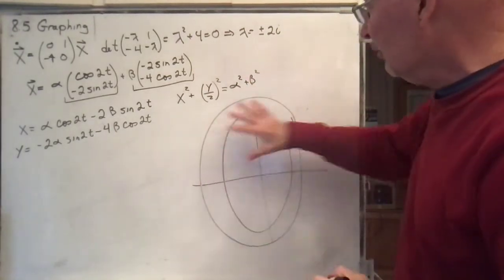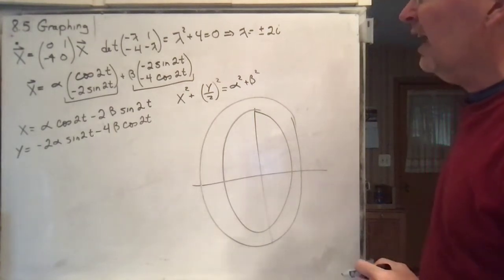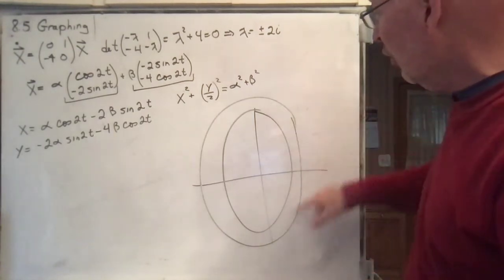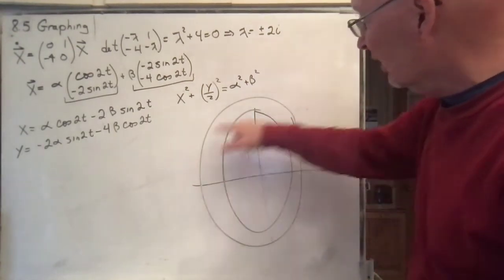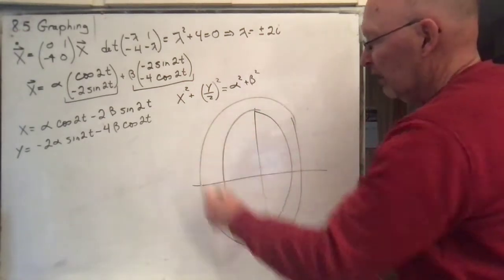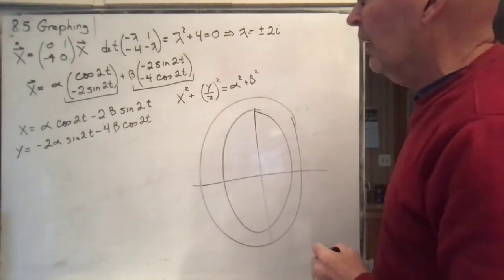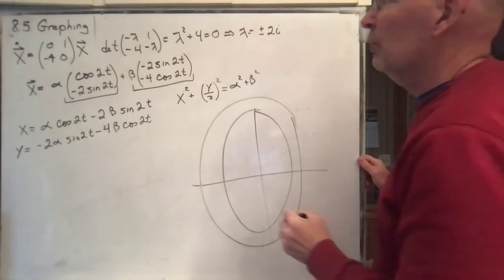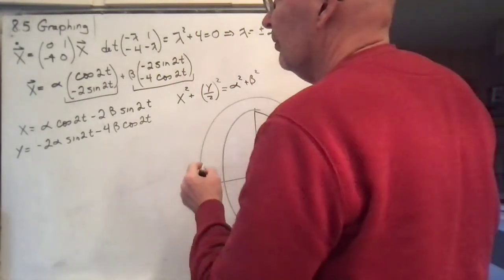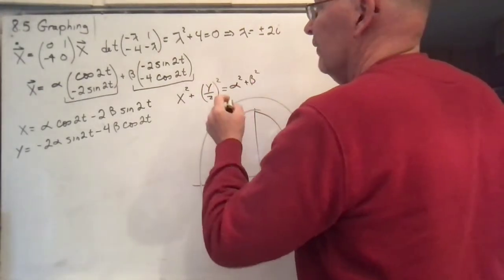Those are your trajectories, and the only question you really have to ask is, what direction are you going along those things? Are you going clockwise, or are you going counterclockwise? The way to check it out, let me see, I just thought about this a minute ago. Let me write it out.